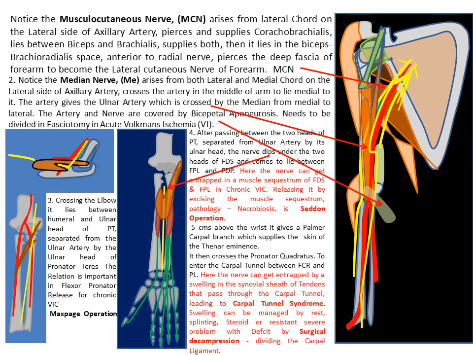Both these muscles are supplied by an end artery, which is the median artery. So here the nerve can get entrapped in a muscle sequestrum in chronic VIC, which consists of the FDS and the flexor pollicis longus.